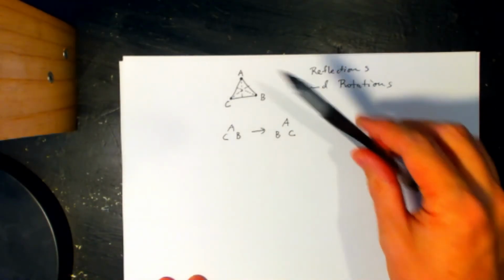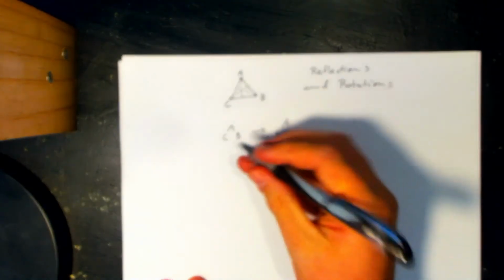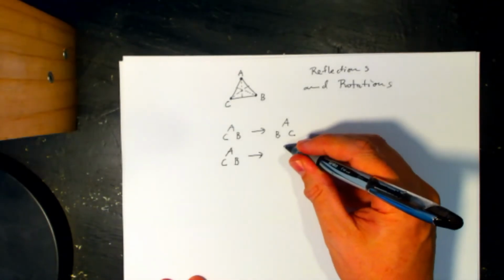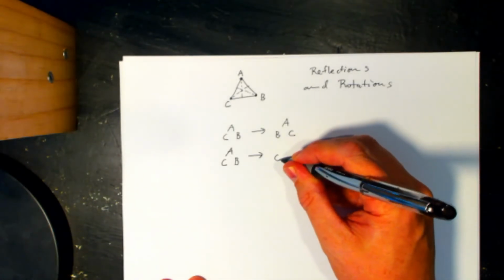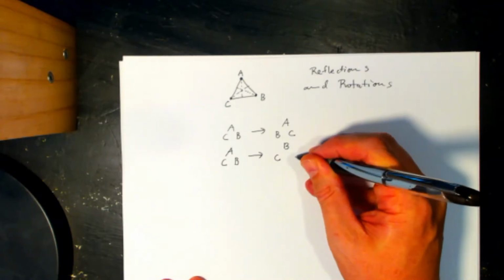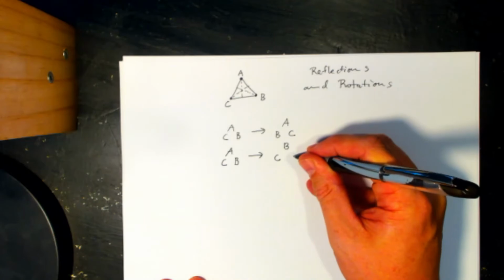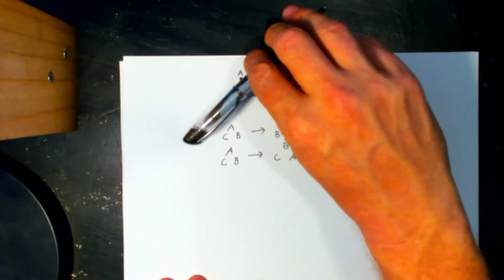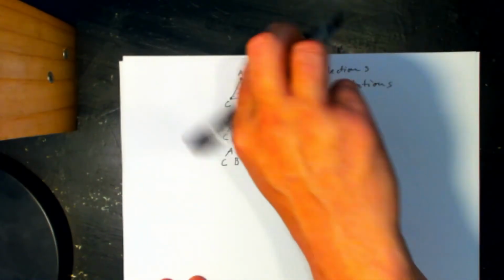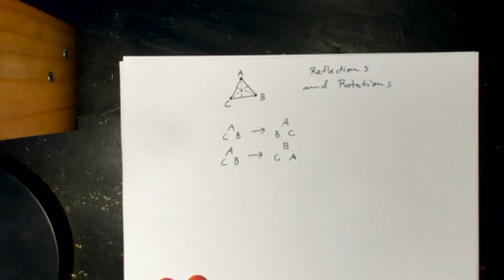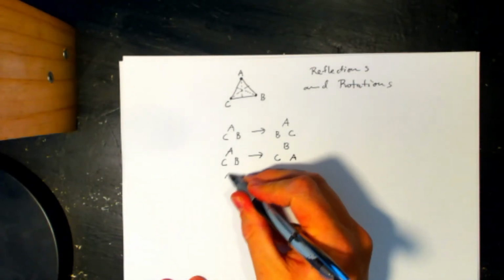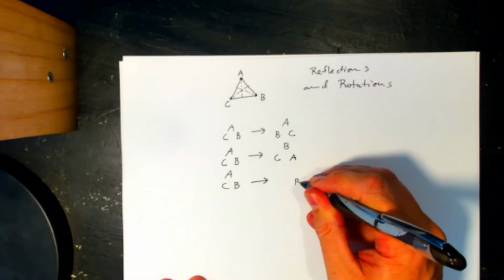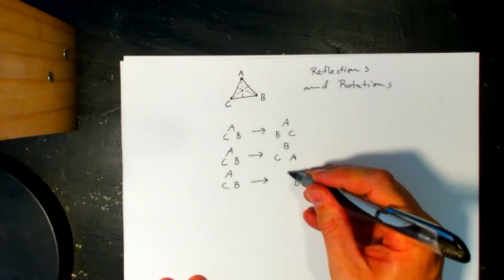Now, along our next axis, this one, we have this equilateral triangle going to, now the C stays in place and the A and the B swap. So the A goes there. Okay, and then finally, if I do that, oh, hang on, no, that's this one that I've done. Okay, now if I do this one, the B would stay in place, and I would have A and C swapping.